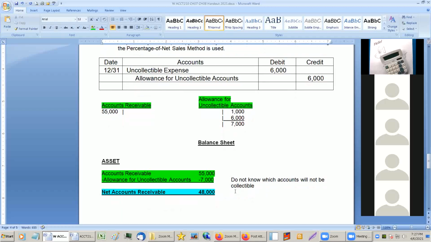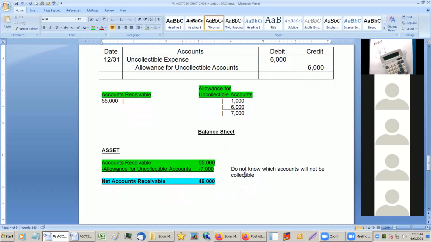So we have this allowance set for the accounts that we don't know are going to be collectible. And we're not going to do it in this class, but we would also write off accounts to this account. So as you found accounts that were bad, you'd say, okay, we already have set aside here some amount.